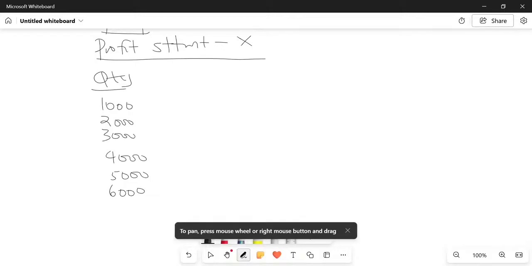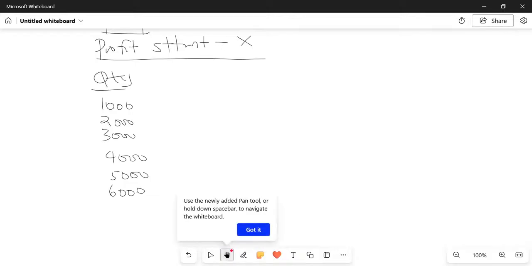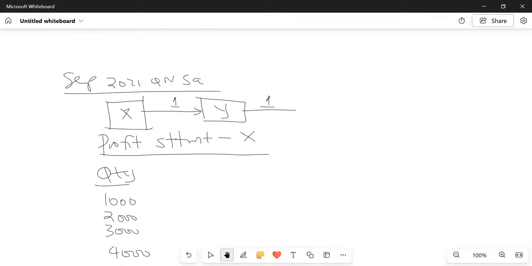There is something that you guys never spoke about, for some reasons not very well known to me. When X produces these units, they sell them to Y at what amount? Have they given us the transfer price? At 25. So the TP is 25 per unit.